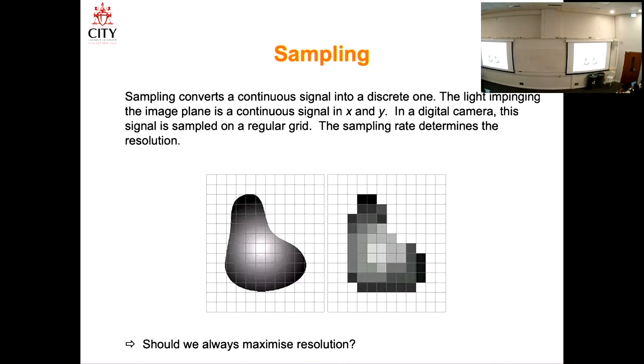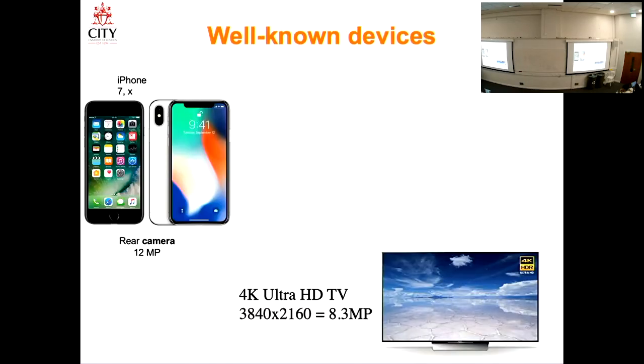But how much resolution actually is needed? Is it like the more the merrier? If I have an 800 megapixel camera, I'm going to be very happy? Not necessarily. It really depends on the job that you have in mind. For example, most of the state-of-the-art cameras now are using 12 megapixels or 16.